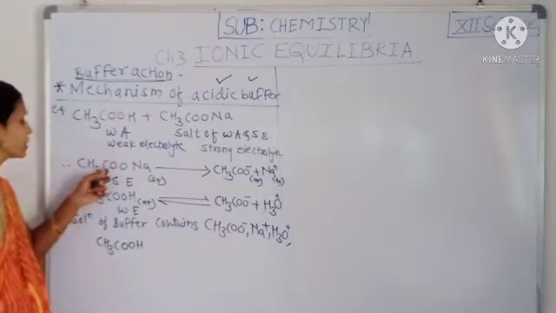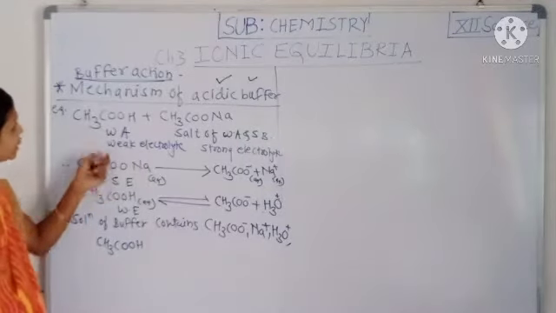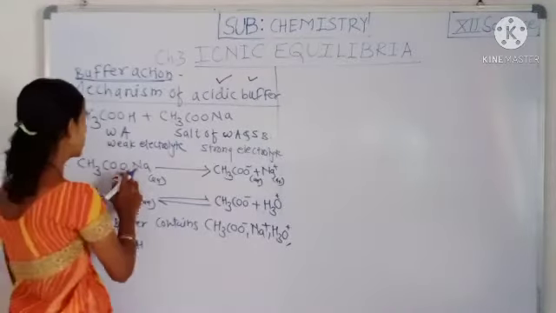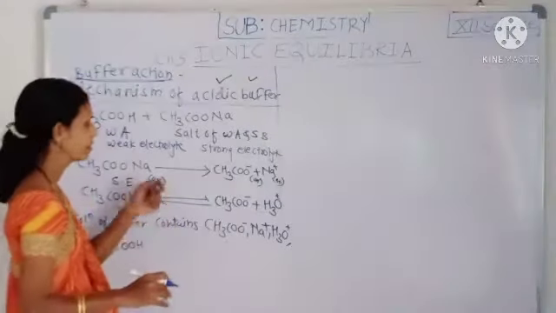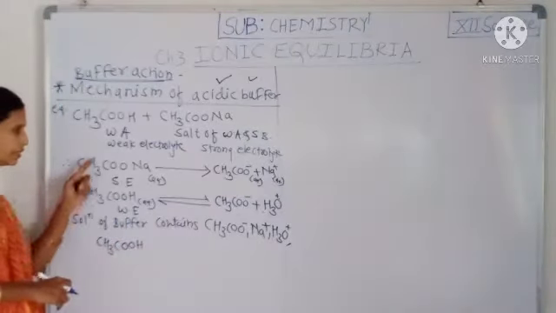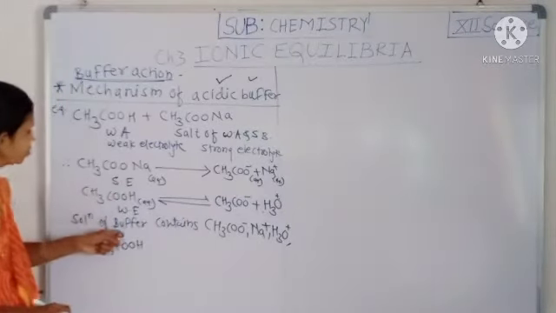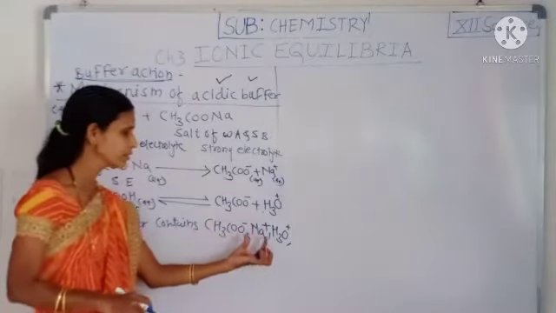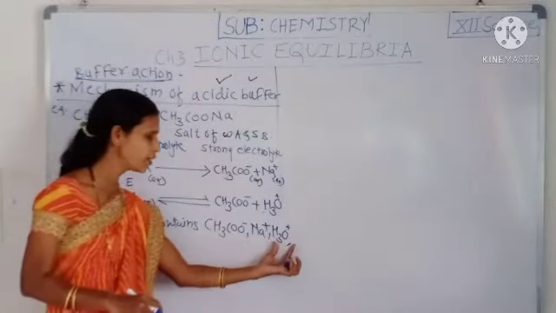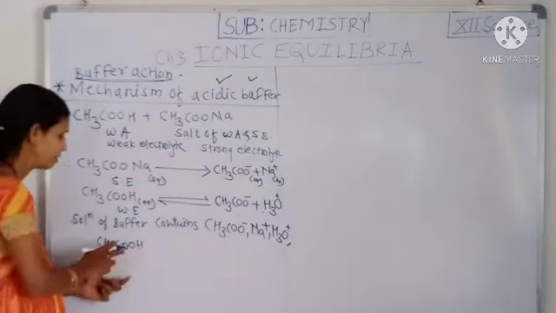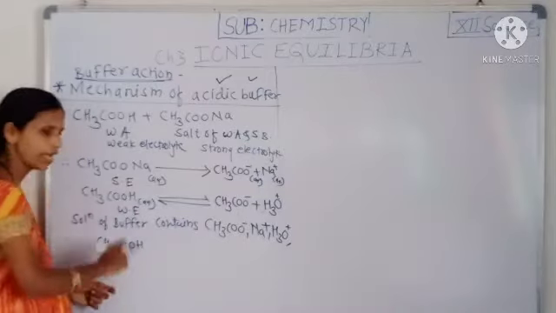As sodium acetate is a strong electrolyte, it dissociates completely, therefore molecules of sodium acetate are not present in the buffer solution. That means the buffer solution contains acetate ion, sodium ion, hydronium ion and unionized molecules of acetic acid, the weak acid.